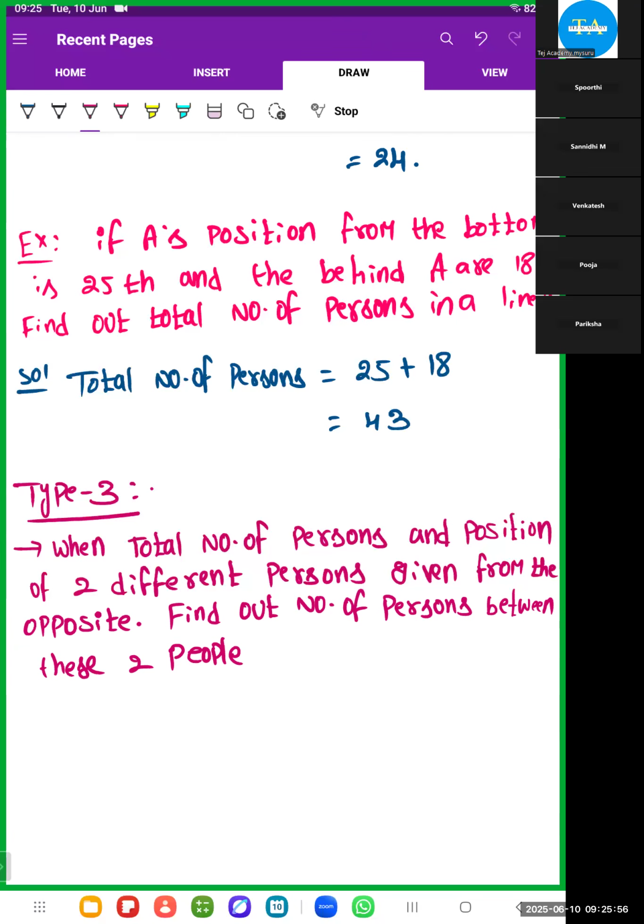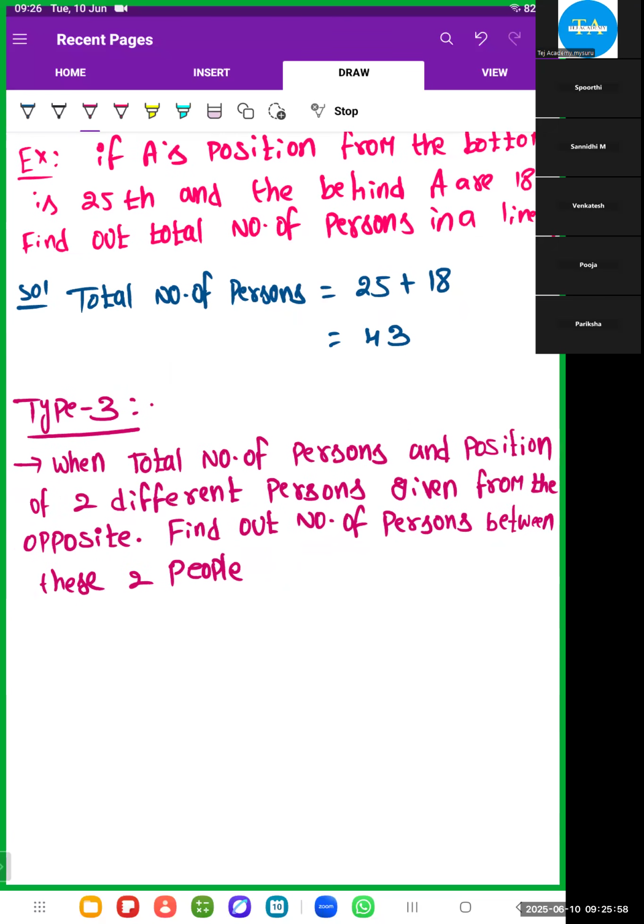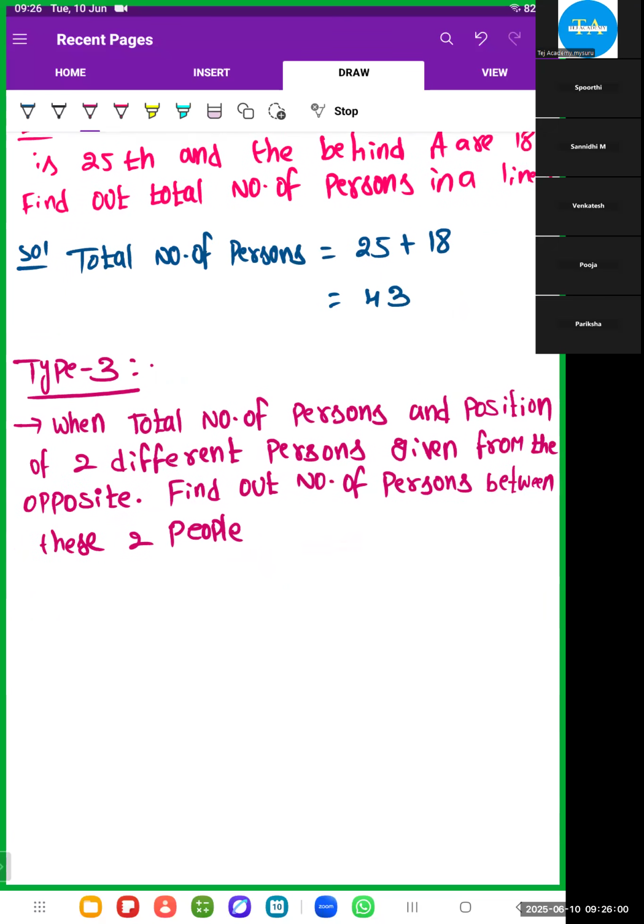Okay, so in such a case, what is the formula to find it? The total number of persons and the positions of the two different persons are mentioned. They haven't mentioned whether they are in opposite positions or side by side.